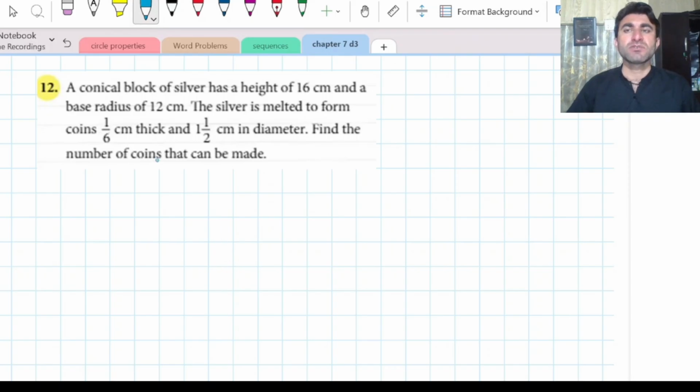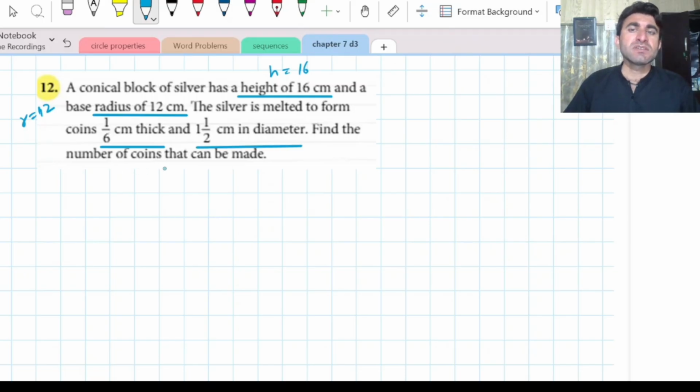In question number 12, a conical block of silver has a height of 16 centimeters. We know h equals 16 centimeters and a base radius of 12 centimeters. So r equals 12 centimeters for the conical block of silver. The silver is melted to form coins 1/6 centimeter thick and 1.5 centimeters in diameter.